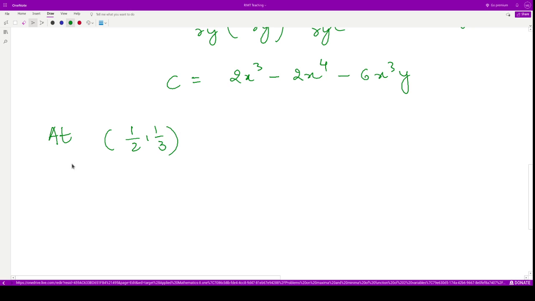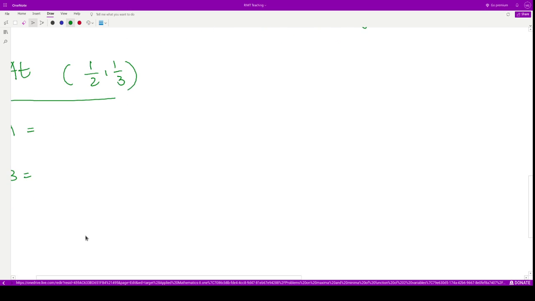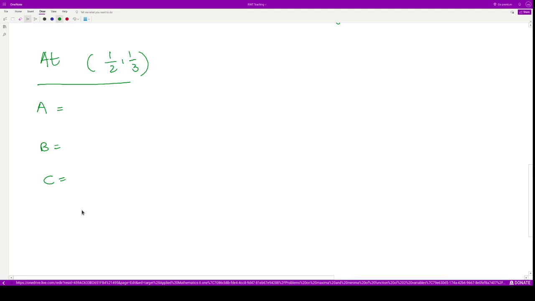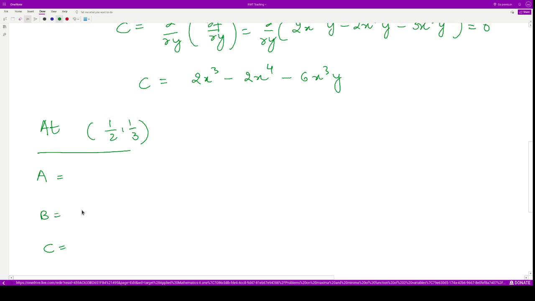We'll evaluate A, B and C. So when you evaluate C, what would this be? It comes out to be minus 1 by 8.